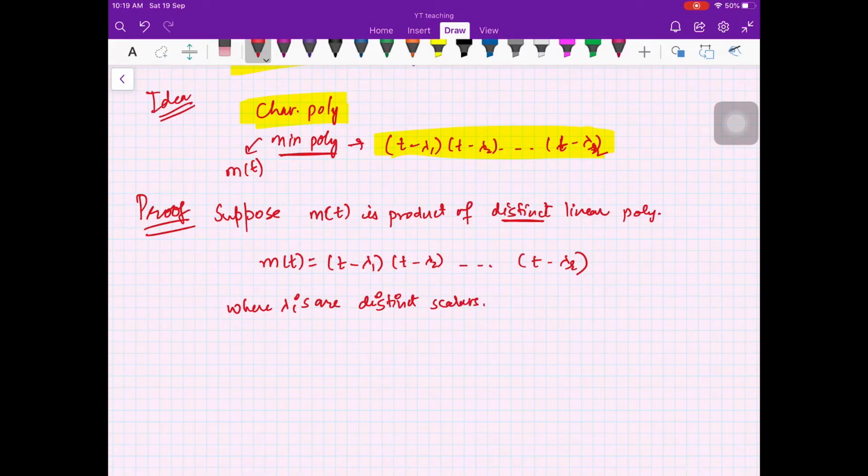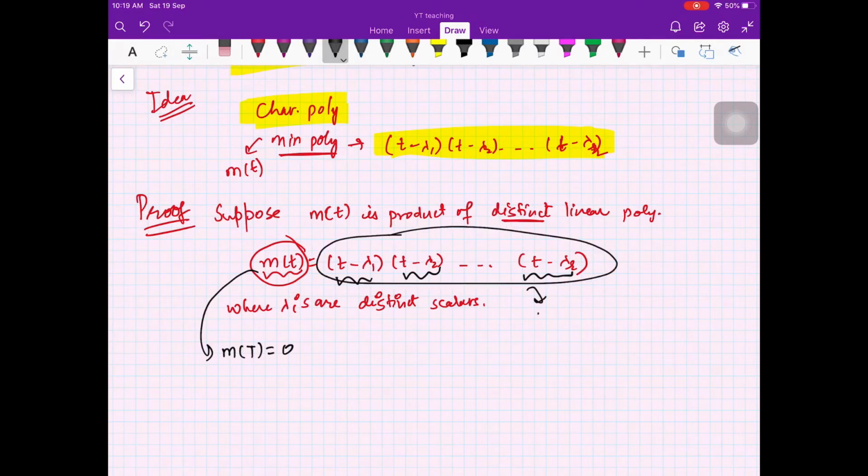Fine. Then by the primary decomposition theorem, because this is the minimal polynomial, m(T) is equal to 0 and this is a product of polynomials which are relatively prime.